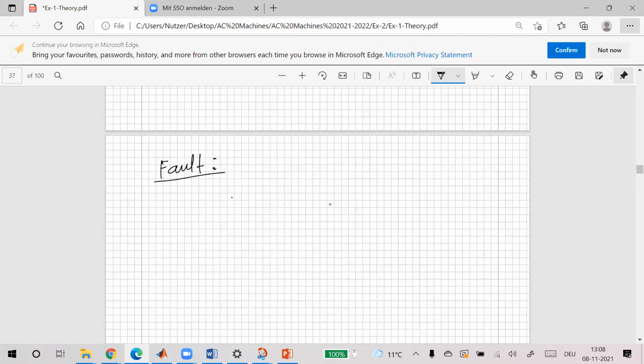So you know there are faults in three-phase systems. Which are the faults you know? So you know symmetrical and unsymmetrical faults. Yeah. So there is a symmetrical fault, and there is an unsymmetrical fault.